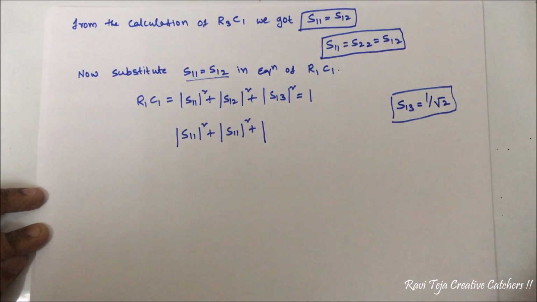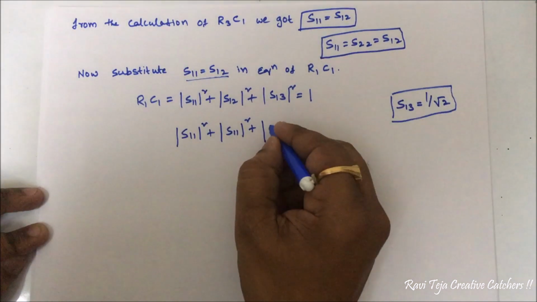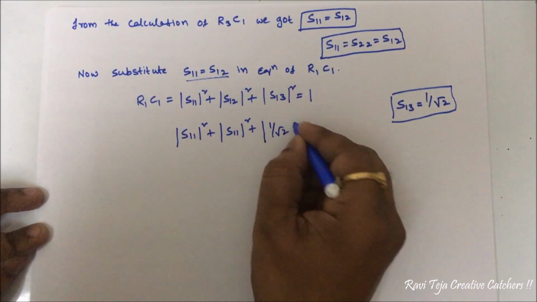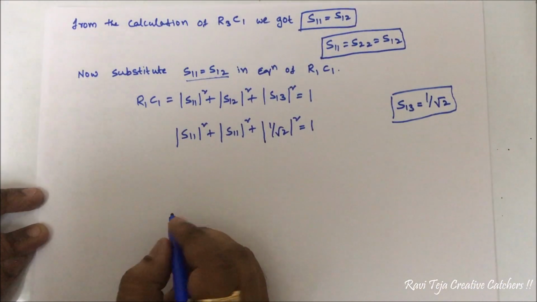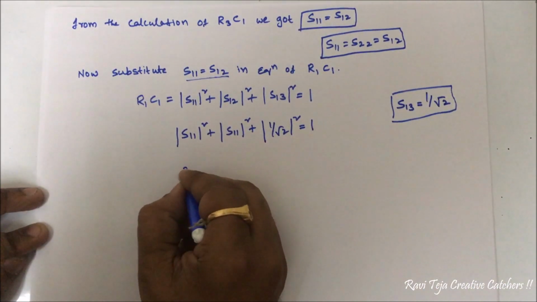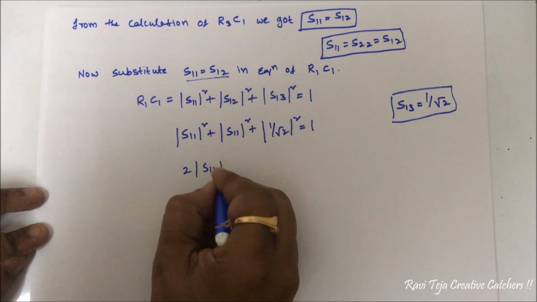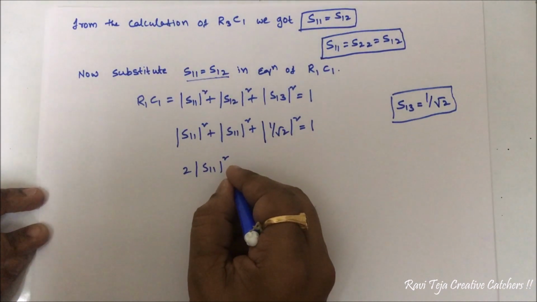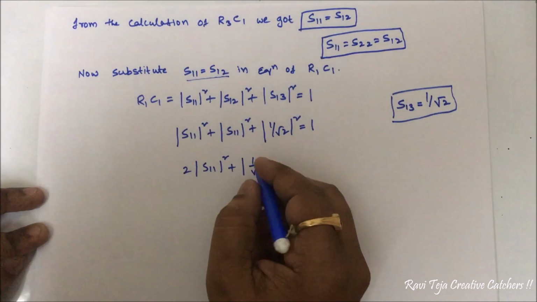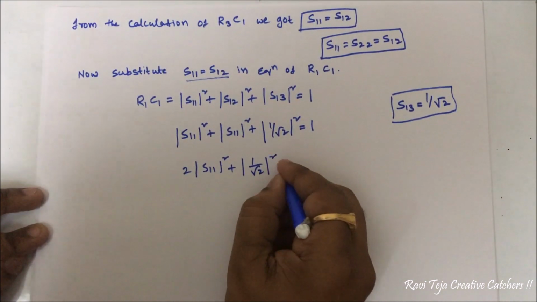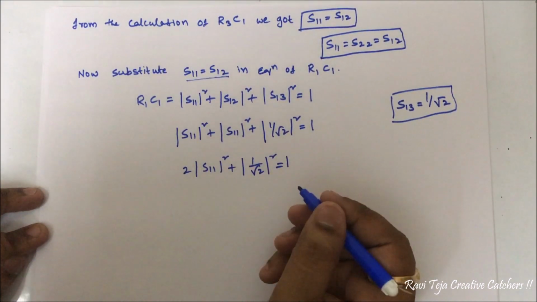We already got this value, so we substitute it right now. So |1/√2|² is equal to 1. Now, what happens? 2|S11|² plus |1/√2|² is equal to 1.